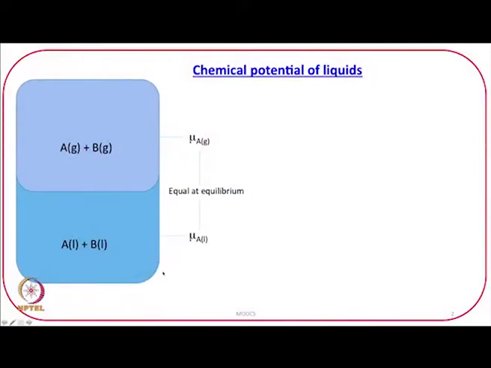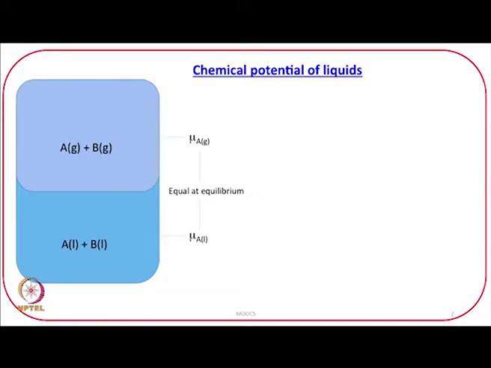Let us take a look at the figure. If a liquid is in equilibrium with its vapor in an enclosed container, then at equilibrium the chemical potential of A in the liquid form will be equal to the chemical potential of A in the vapor form.